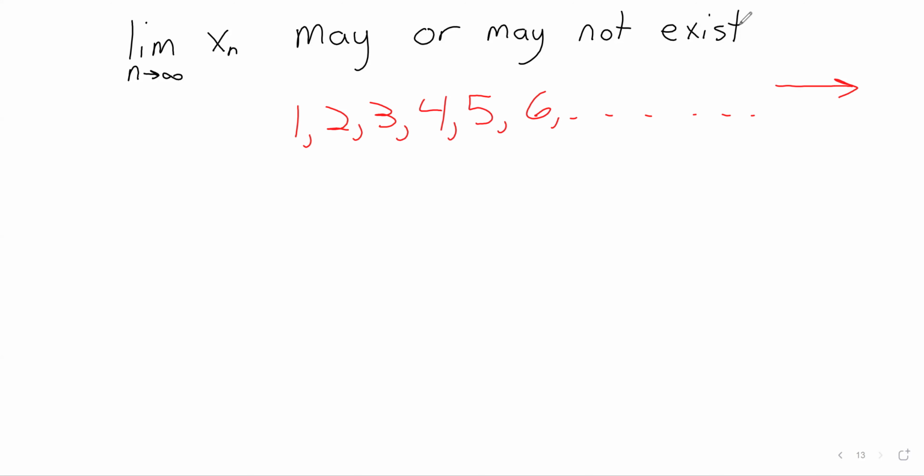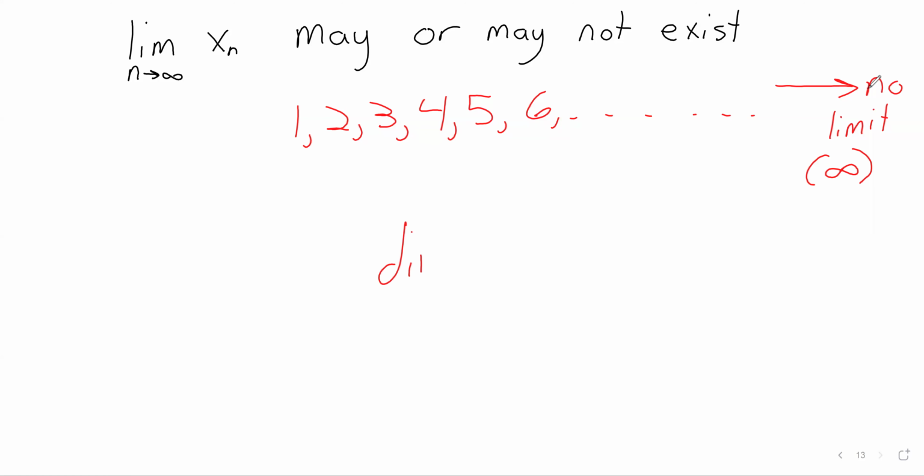Or maybe I shouldn't say clearly, but this is not approaching a finite number. It's approaching infinity, if you want to think of it that way. But infinity is not a number, and infinity can't be a limit of a sequence.